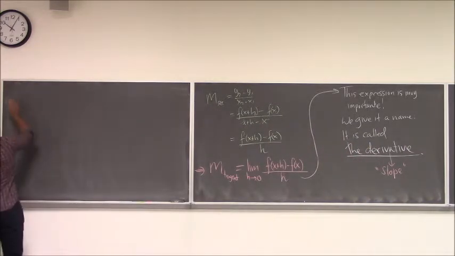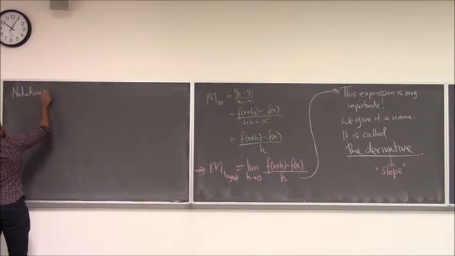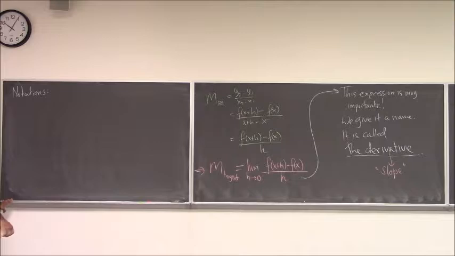In fact, we have some notation for this expression. Now, calculus as it's studied today is largely a product of the work by Isaac Newton and Gottfried Leibniz back in the 1700s. And so the notation we use today mostly follows what they used. There is the Newton's prime notation.